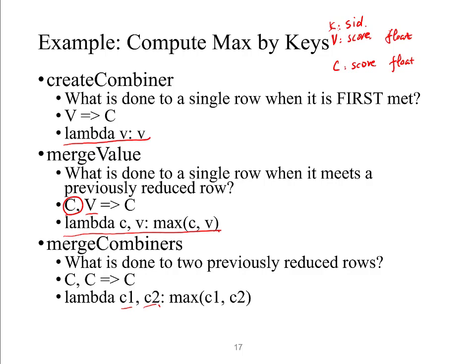C1 and C2 are the maximum value of that key in their own partitions. So what we do is get the maximum value of C1 and C2 as the final result. Right. So this is how we get this function here.